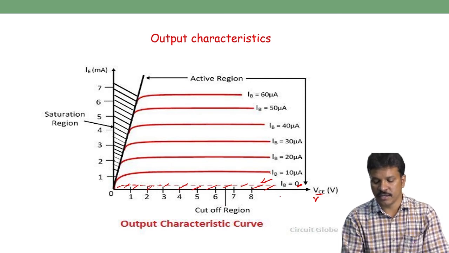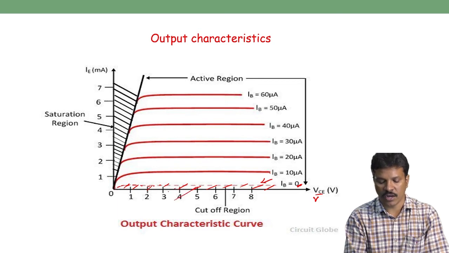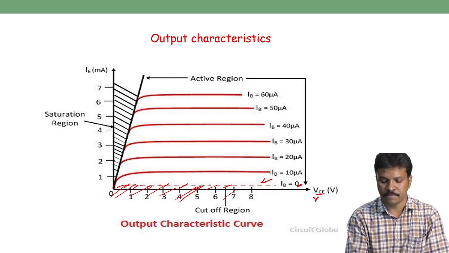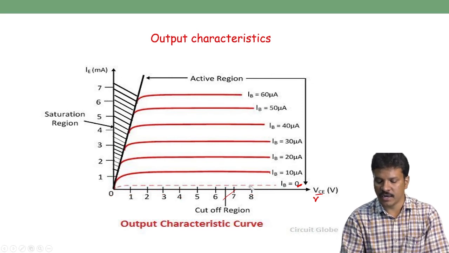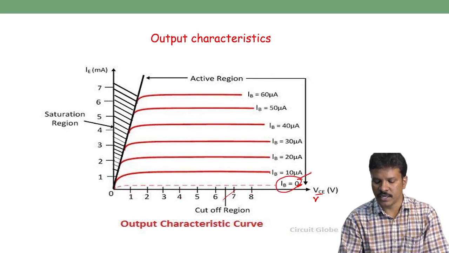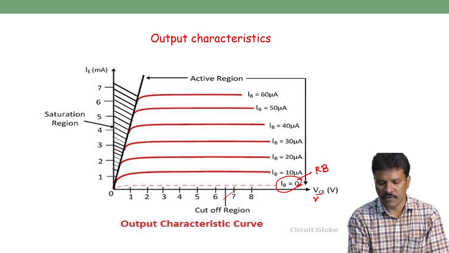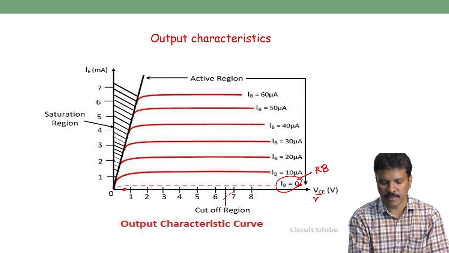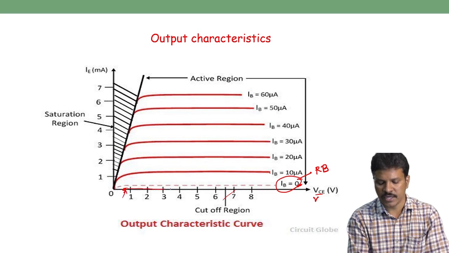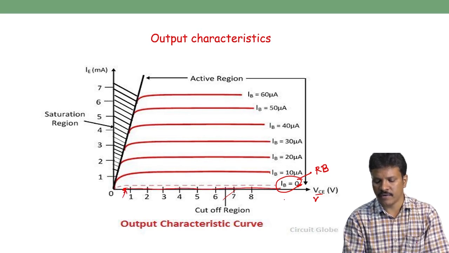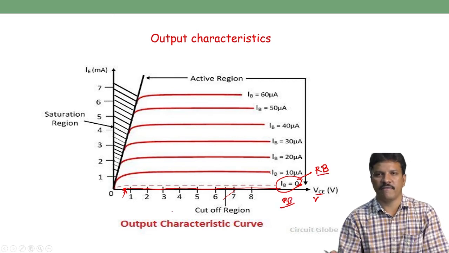This region is called the cutoff region. In this cutoff region, IB equal to 0 means the input is an open terminal, and VCE or VEC greater than VCE sat means reverse bias. Both junctions are reverse biased, so it is said to be the cutoff region.